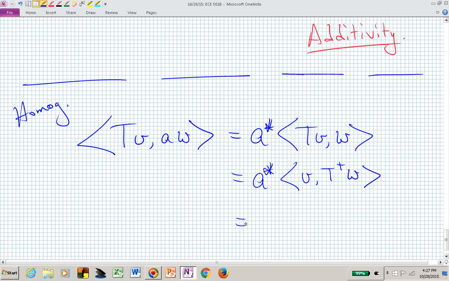It now needs to be the conjugate of that scalar, so I have V comma A T dagger W.